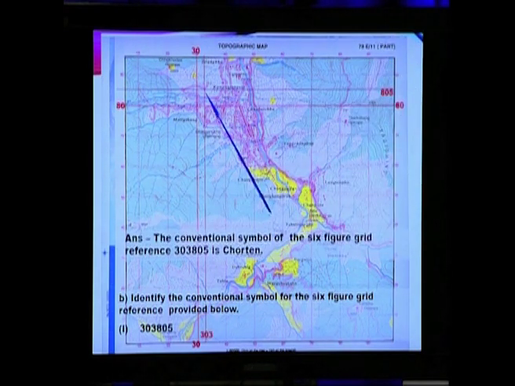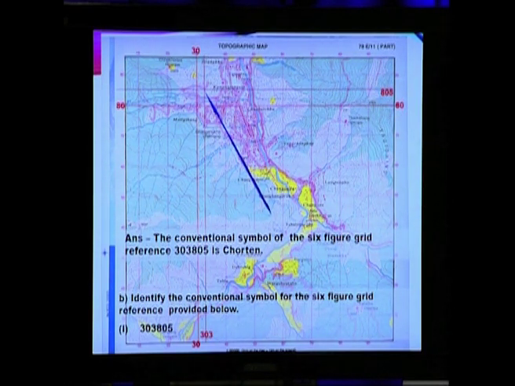Then we have 80. The northing is 80. Now inside this grid, 30 and 80, which symbol is there? You have to identify what symbol is found inside this grid. Grid 80, 33 and 85. So if you look at this grid, you find a Choten.